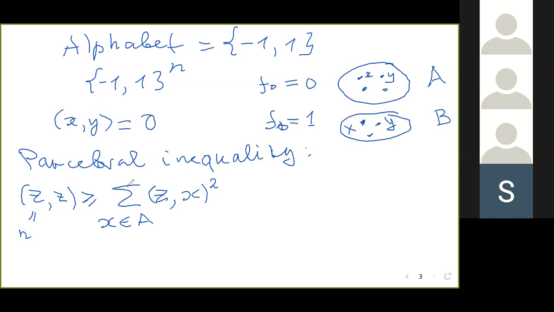And if we consider all the x's in the sum which are inside the Hamming ball, of course we obtain not more. So here we can restrict the sum to x's in A such that the Hamming distance between X and Z is at most n times (1 minus epsilon) over 2.